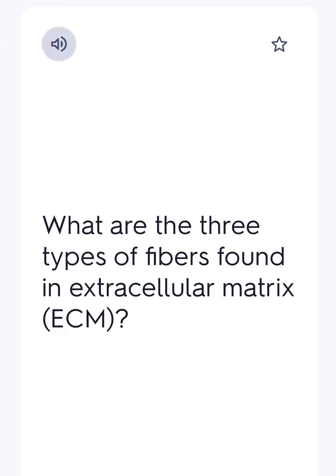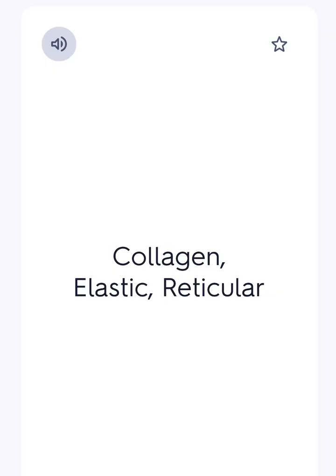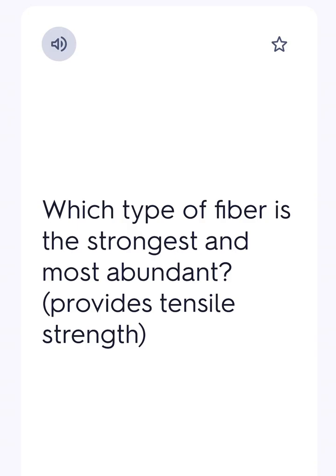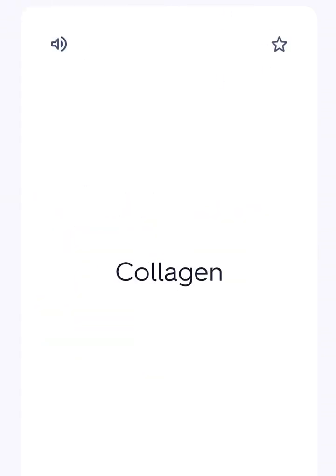What are the three types of fibers found in extracellular matrix? Collagen, elastic, reticular. Which type of fiber is the strongest and most abundant? Collagen.